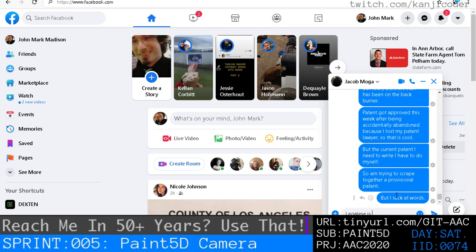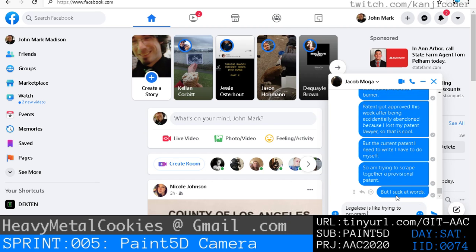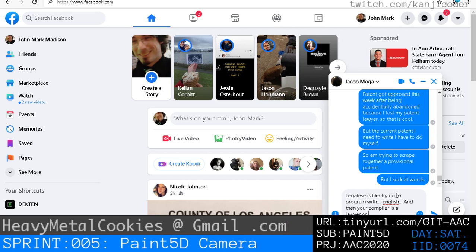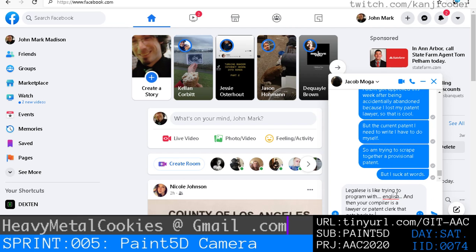Legal use is like trying to program with English, and then your compiler is a lawyer or patent clerk that gets back to you 6 months later.